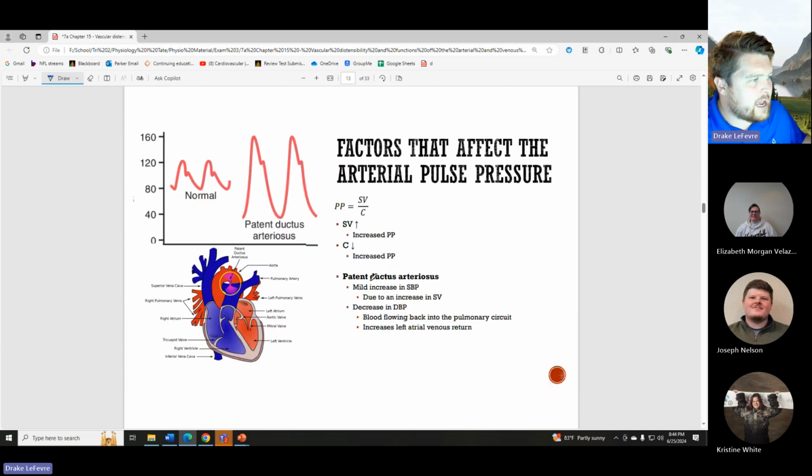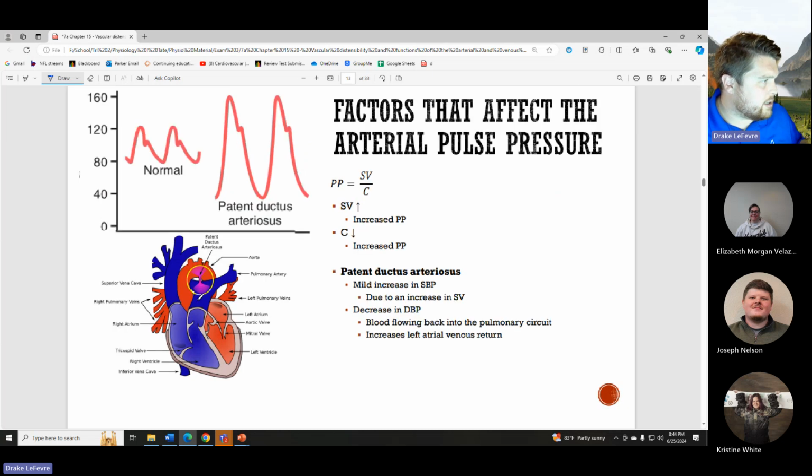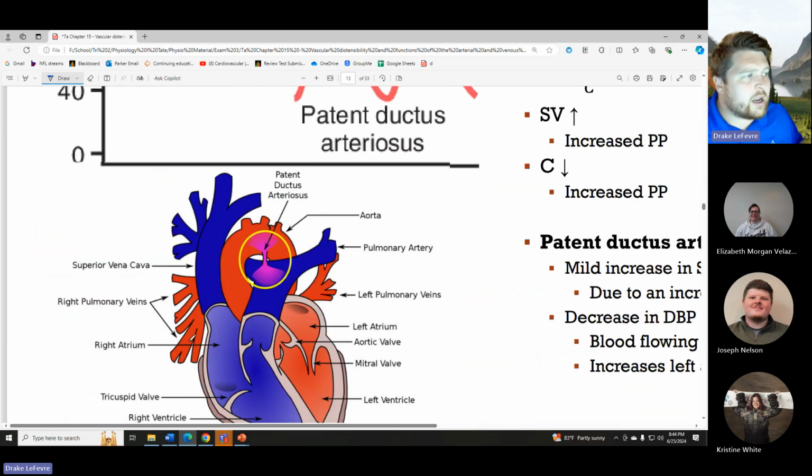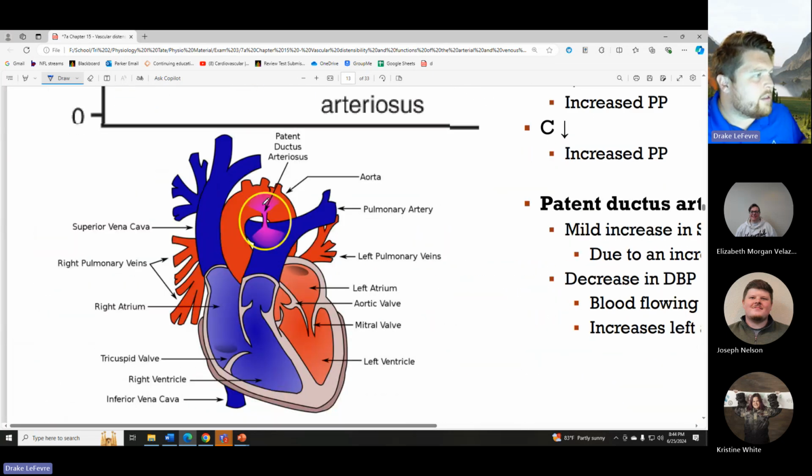Here we have another one, patent ductus arteriosus. This is typically in a newborn where we have essentially a connector. When we're in the womb, we skip the pulmonary vessels because there's no need for the blood to circulate to our lungs, since we're getting oxygen from the umbilical cord, not from our lungs.